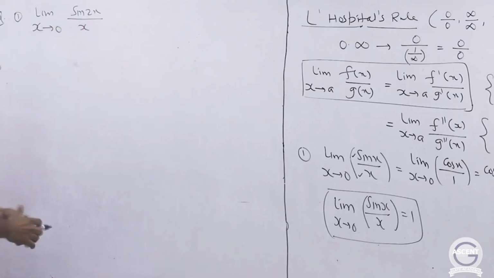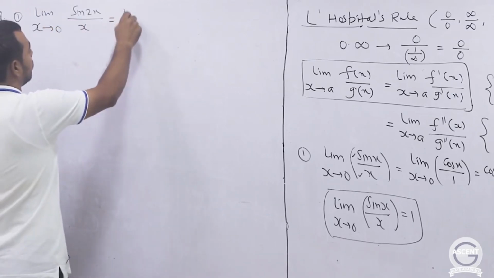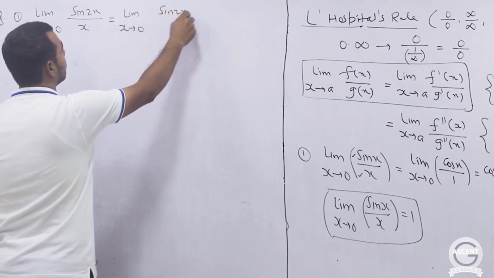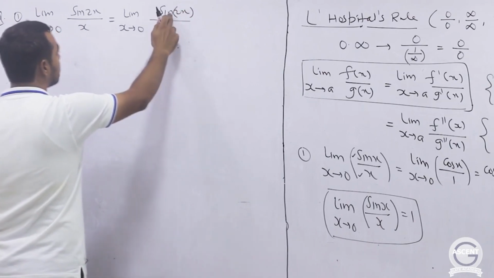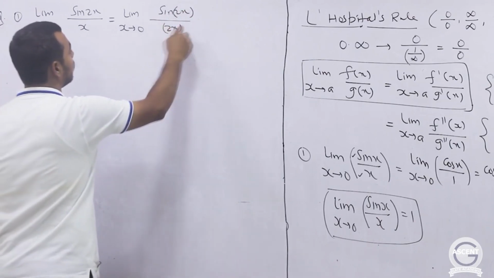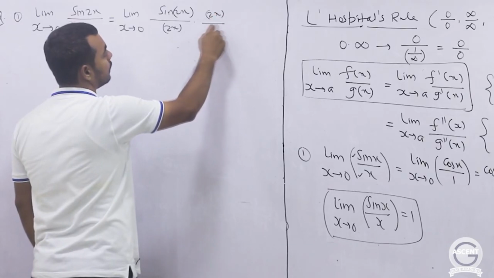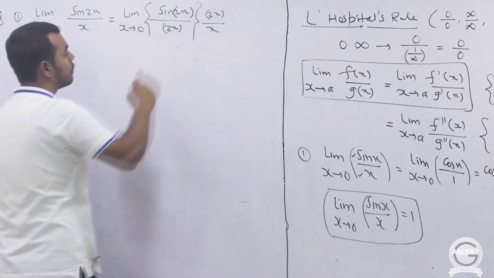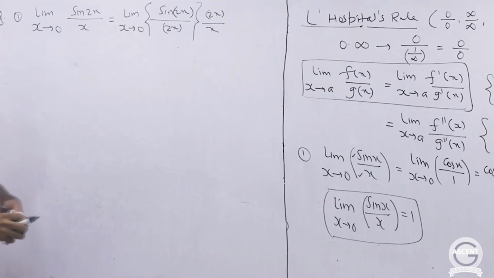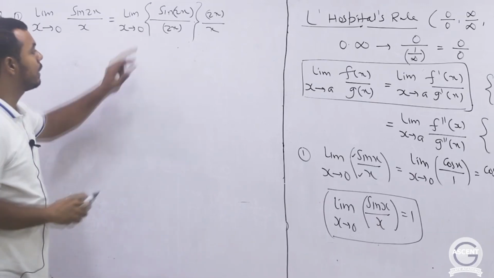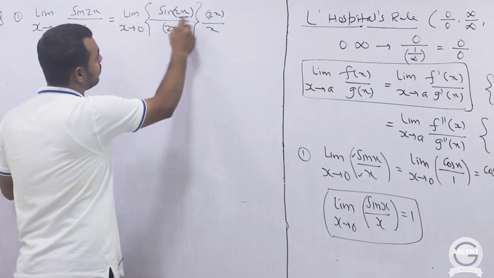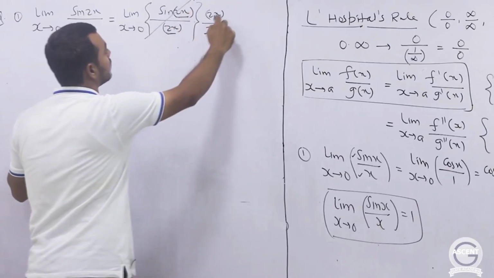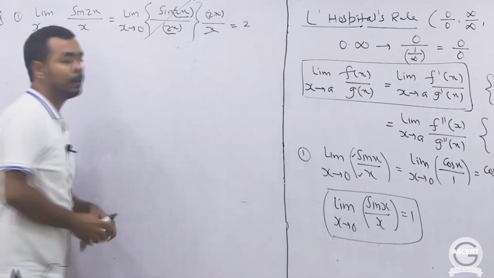Now if you want to use this standard formula, then you can write this as limit x tending to 0 sin 2x, whatever be the argument of this sine, divide by that argument, multiply by that argument, and this divided by x. Now you can see that the quantity inside the bracket will be 1, because when x is approaching 0, 2x is also approaching 0, so sin 2x by 2x will give us 1. The x will cancel, and the value of the limit will be 2.